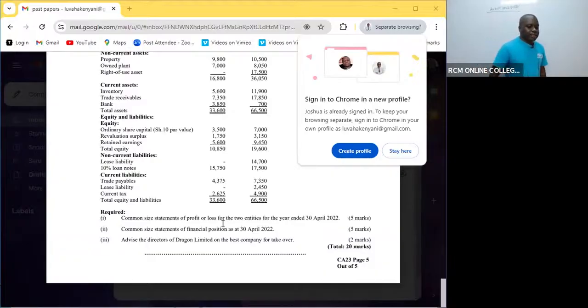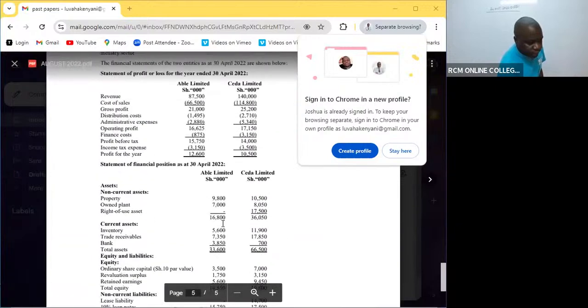So a common size statement with regard to vertical analysis, to see how the performance is occurring in these entities with regard to the base, which is the sales, and of course with regard to the total assets, the total current liabilities and equity.